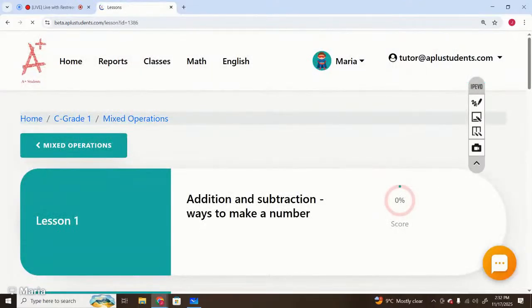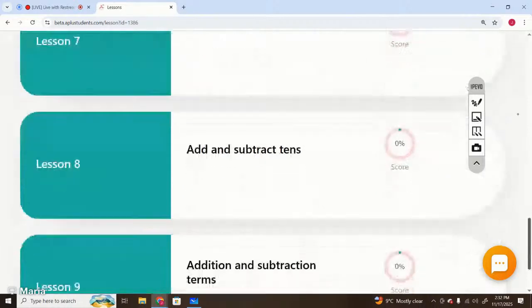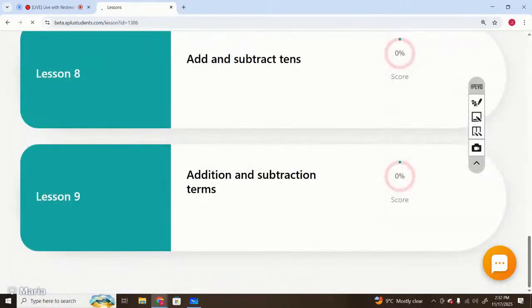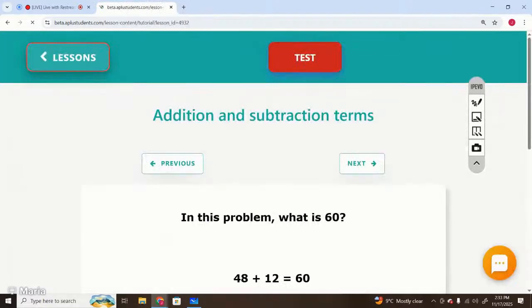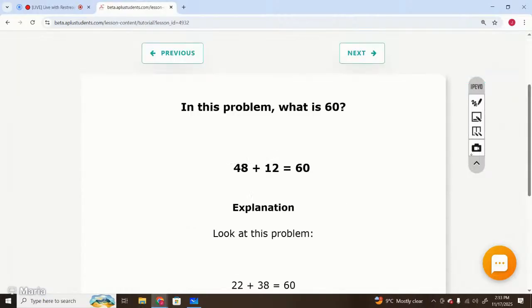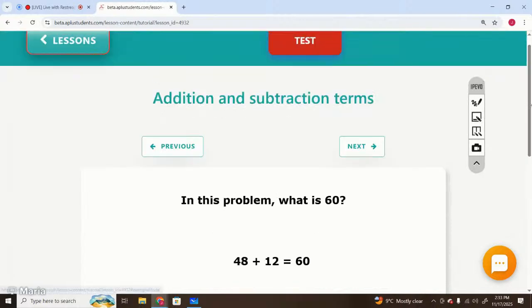The next lesson is the addition lesson. Let's just start with the test questions.